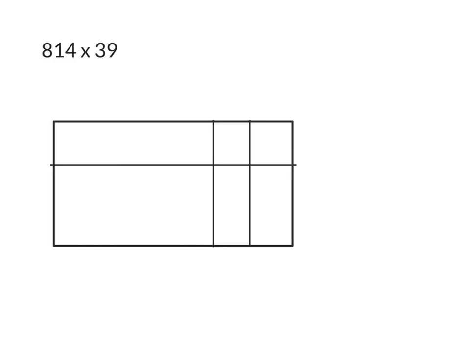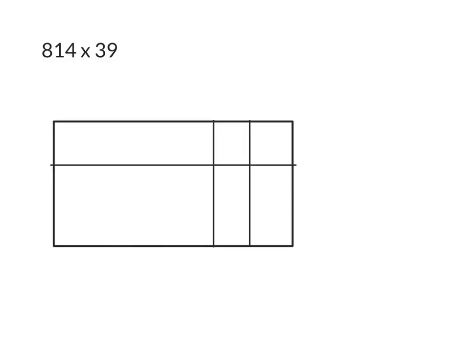For our second expression, we have 814 times 39. So you'll see I've broken my area model into 3 columns because we have a 3-digit number, and 2 rows because we have a 2-digit number. So along the top, I'm going to decompose the number 814.